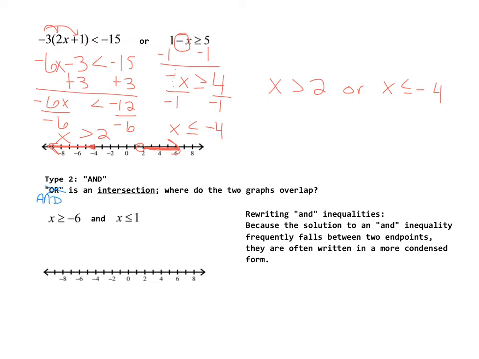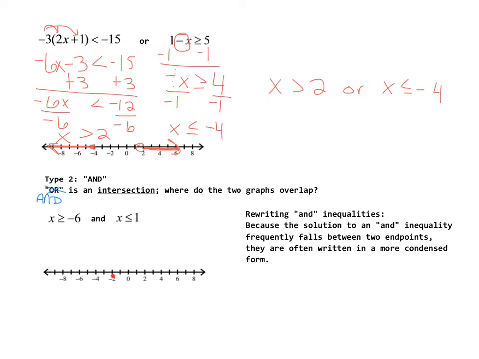Now, x greater than or equal to negative 6 would be a closed circle on negative 6 and everything to the right. Right? X less than or equal to positive 1 would be a closed circle at 1 and everything to the left.